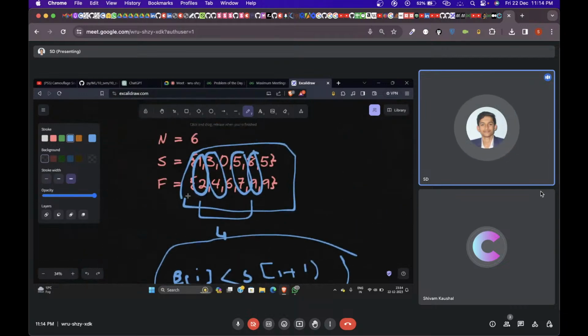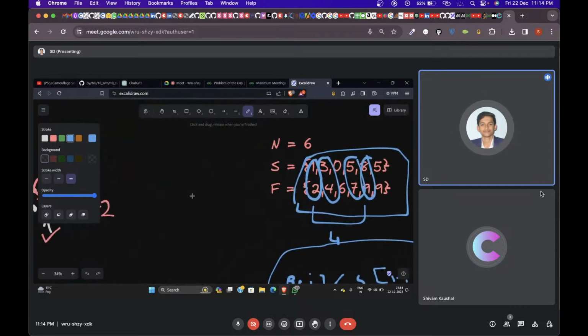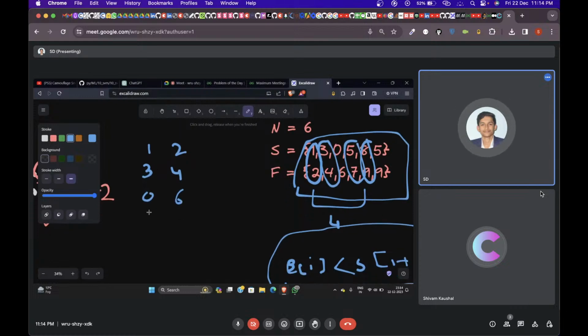So let's say this is the given matrix, and if we sort it on that basis, what we are going to get is 1 2 as the first one, then 3 4, then 0 6, then 5 7, then 8 9, and then 5 9.